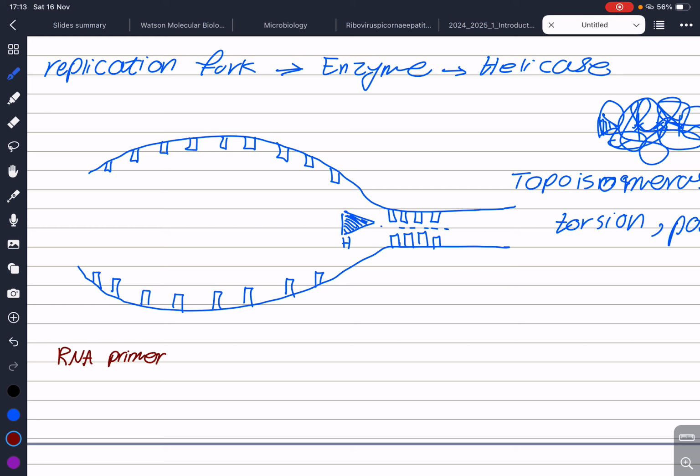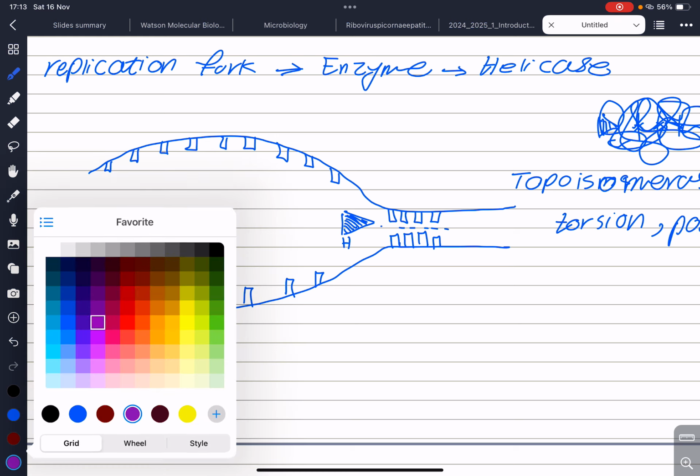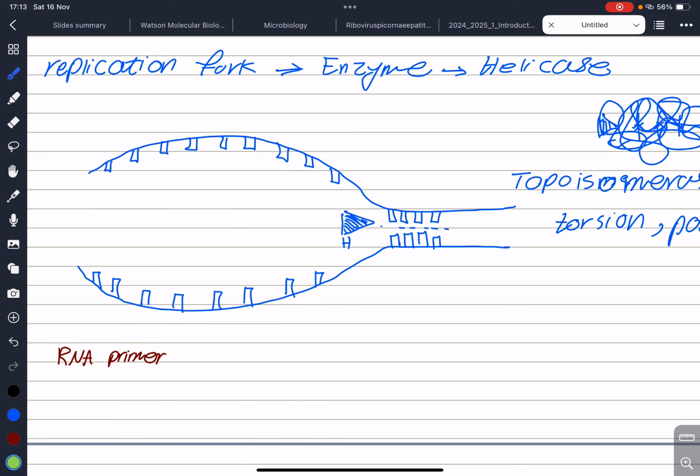For example, I show it in green color. This primer, this sequence, was made by an enzyme whose name is primase.